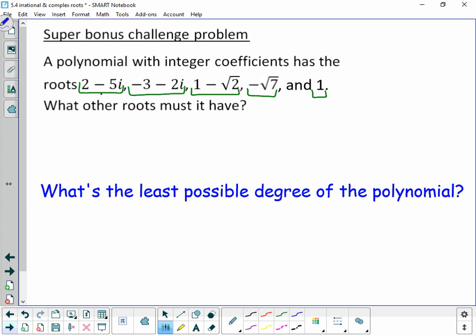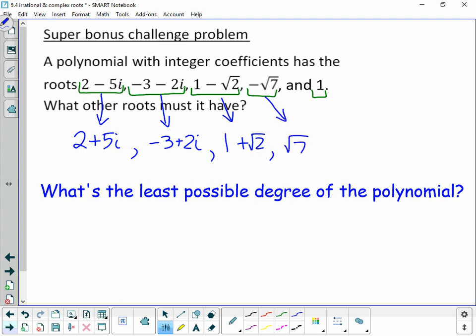Well, if it has 2 minus 5i, we know it has to have 2 plus 5i. If it has negative 3 minus 2i, it must also have negative 3 plus 2i. Separate it with a comma. The next one it must have is 1 plus 2 root 2, and it must have a root 7.